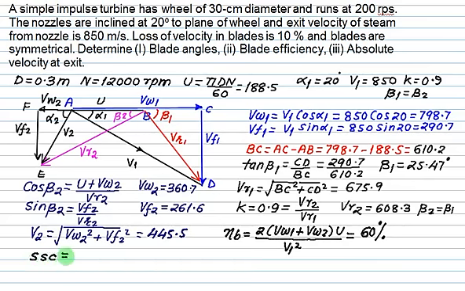If they ask you the specific steam consumption, that can also be calculated. Specific steam consumption is simply given by 3600 divided by specific work. Specific work is given by Vw1 plus Vw2 multiplied by U. M dot will not appear. Specific fuel consumption is mass of fuel multiplied by 3600 divided by what? Brake power.